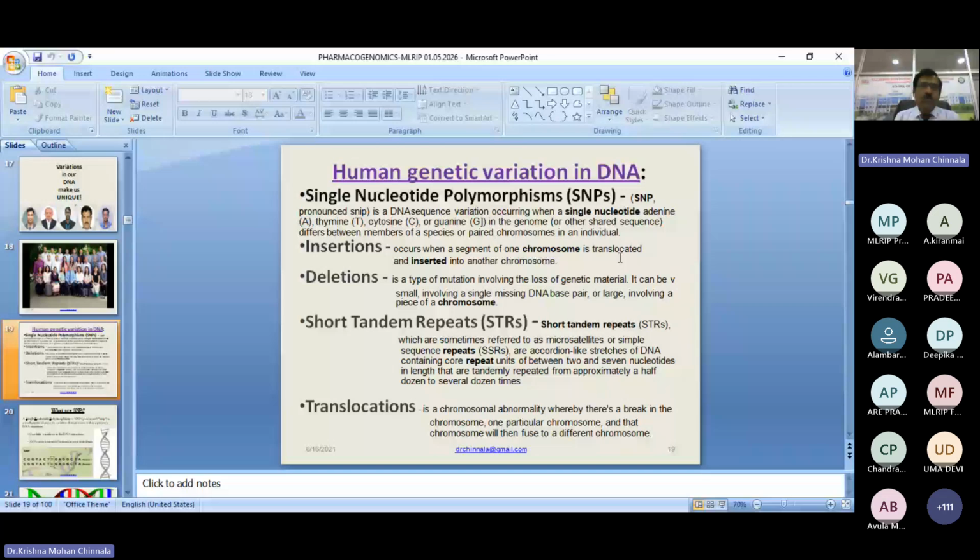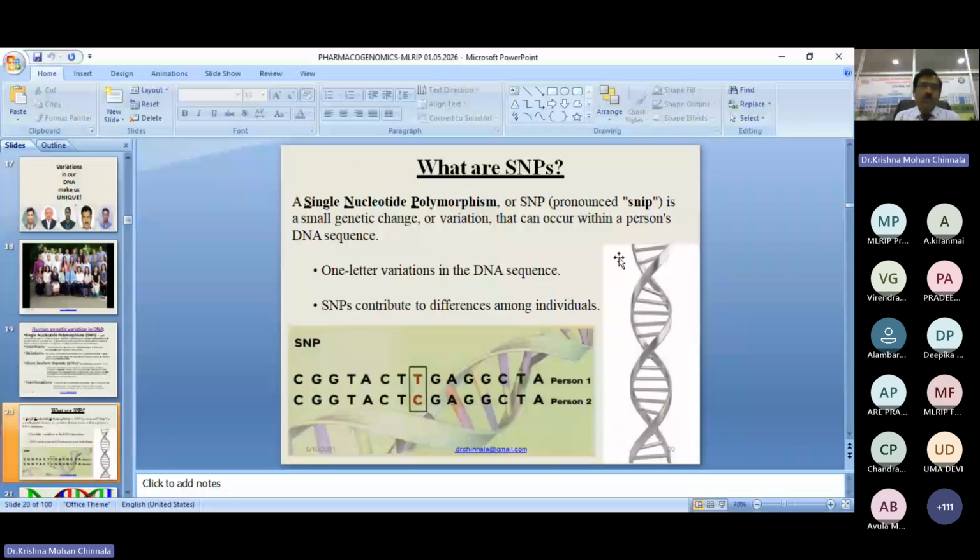So what are SNPs? A single nucleotide polymorphism is a small genetic change or variation that can occur within a person's DNA sequence. Okay, one letter variation in the DNA sequence, and SNPs contribute to differences among individuals.